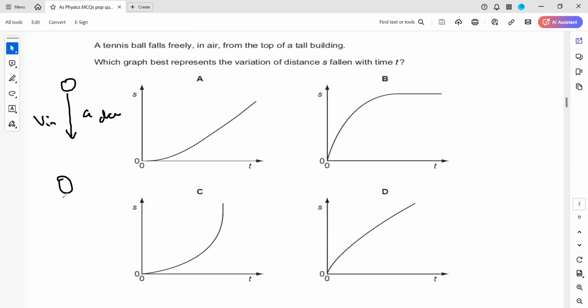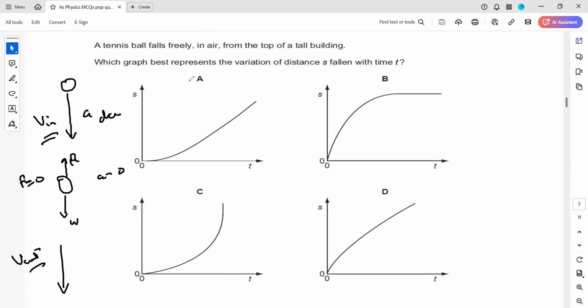And eventually, the weight of the object balances with the air resistance. So when the weight balances with the air resistance, there is no resultant force acting on the object. So the acceleration of the object should be 0 and it will fall at a constant speed. So the first part, the speed should increase. The second part, the speed should be constant.